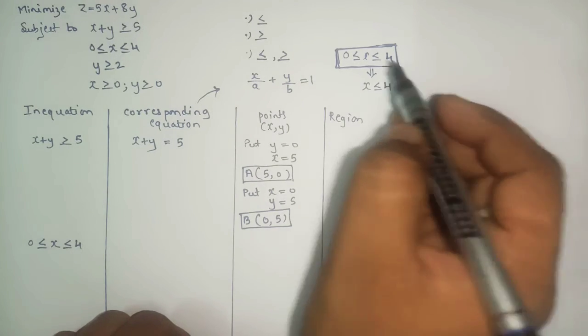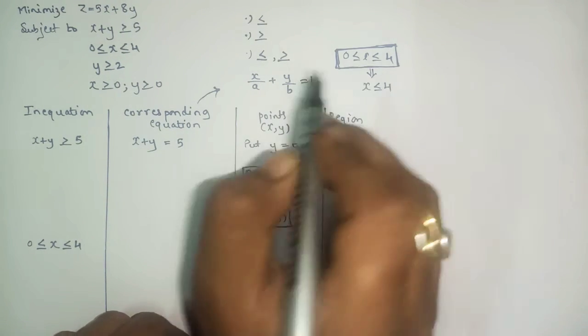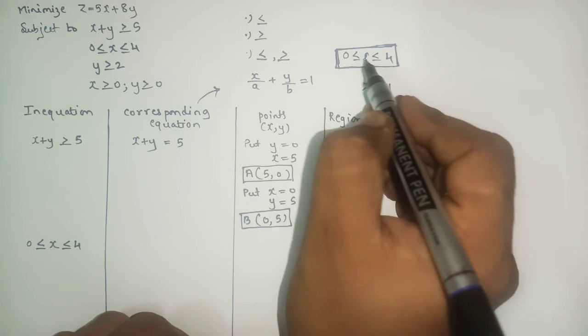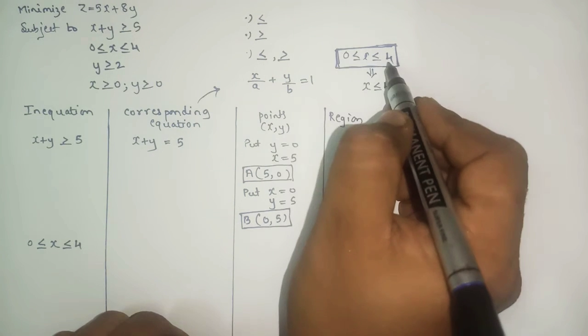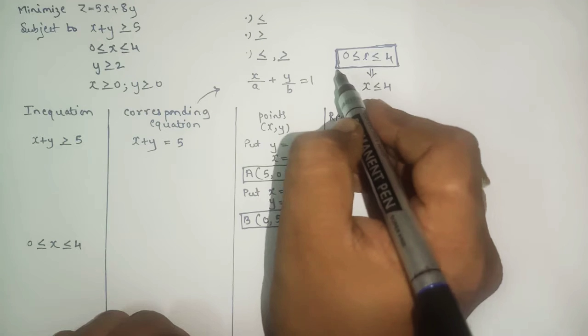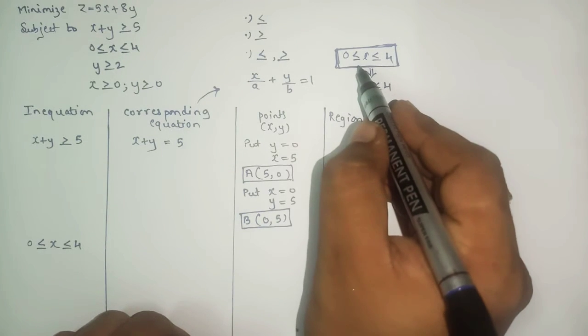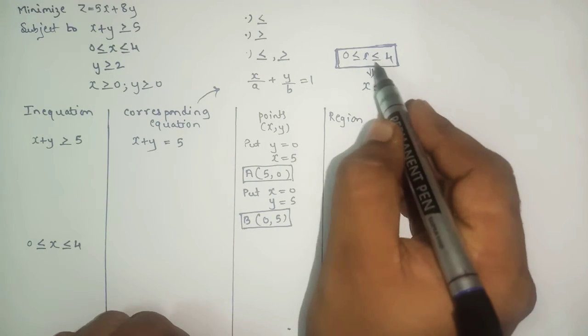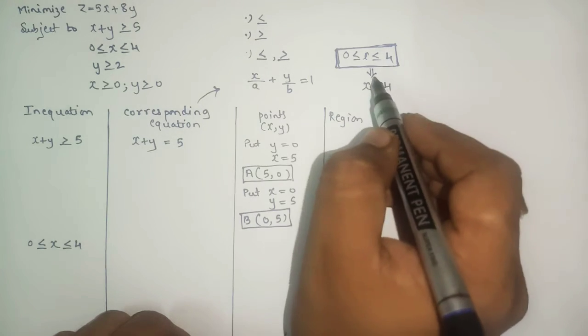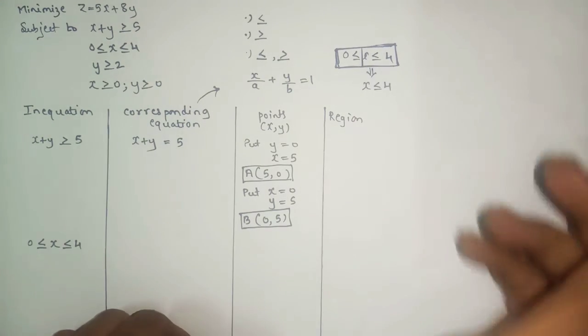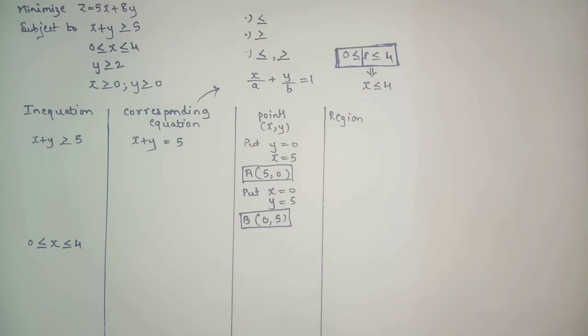Don't consider this 0 less than equal to. It means the value of x lies between 0 and 4, and it includes 0 as well as 4 also. But indirectly or directly, the meaning of 0 less than equal to x less than equal to 4 is nothing but x less than equal to 4 only. Understood?